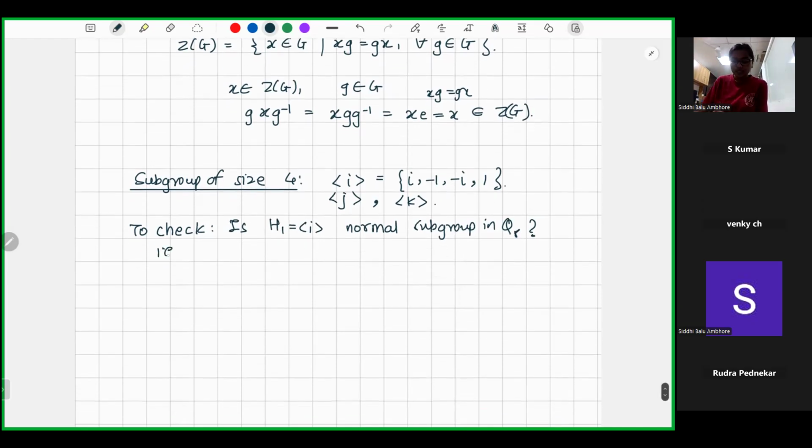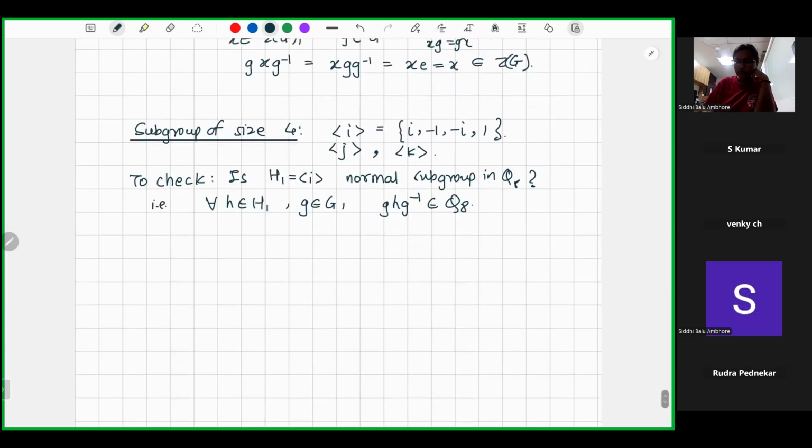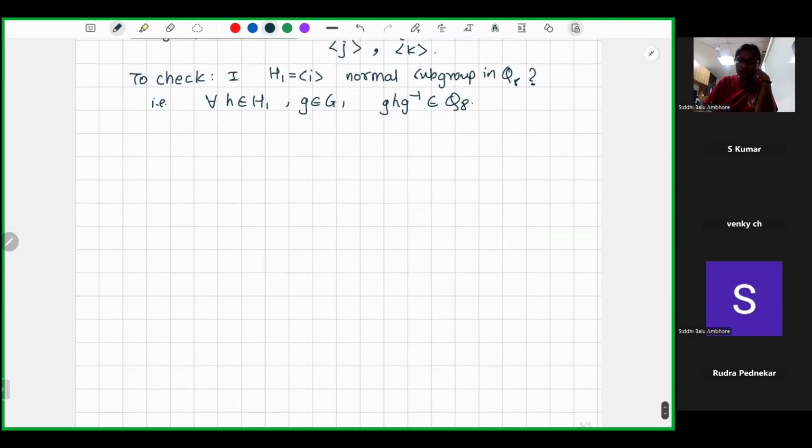So what we have to check is whether g h g inverse belongs to H1 for all h in H1 and g in G. Can you guess whether this is true?